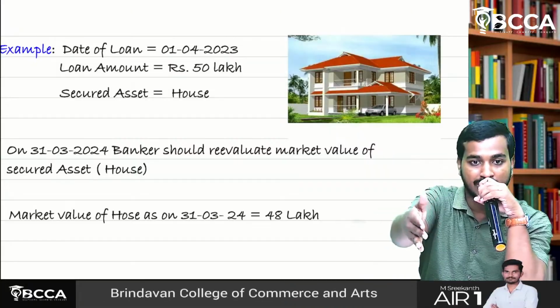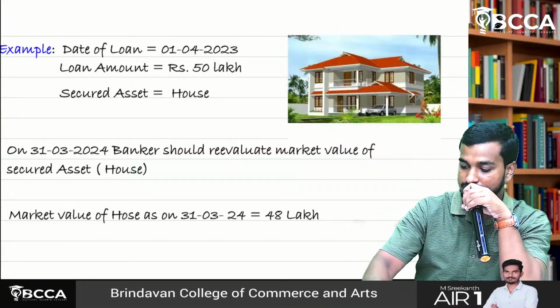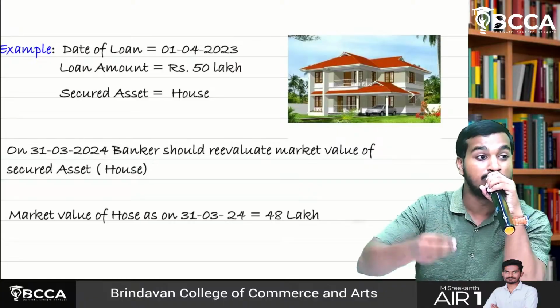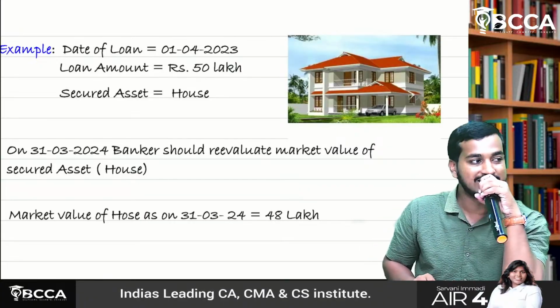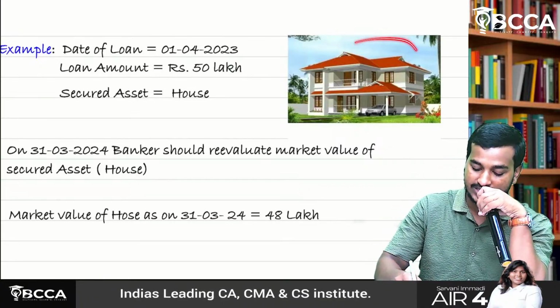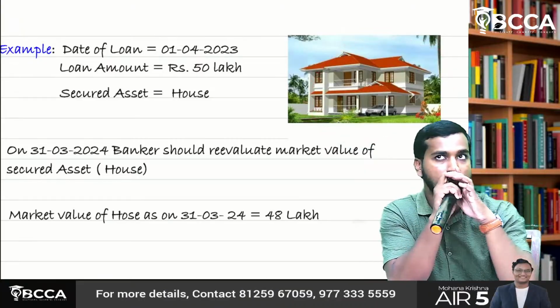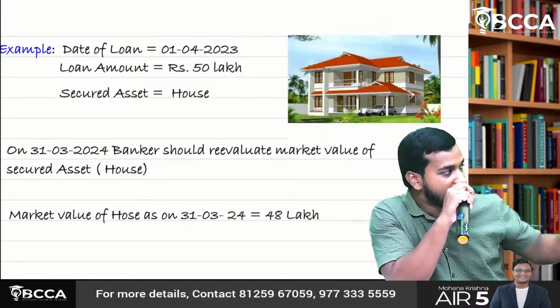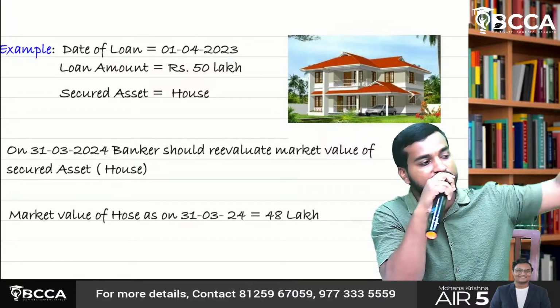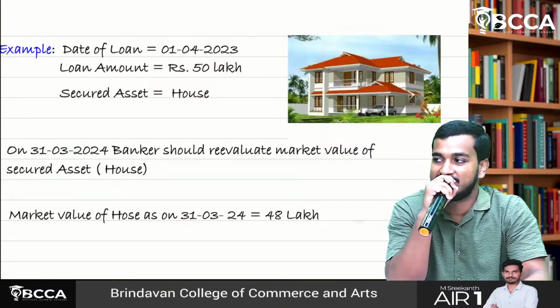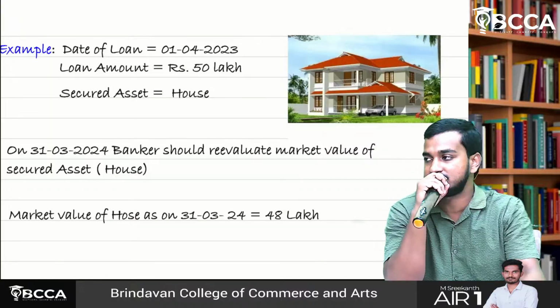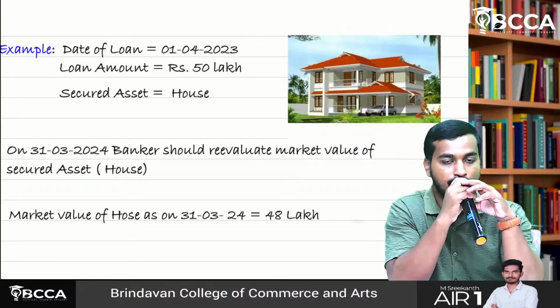Now you are the banker, I am the customer. I approached you for a loan, you have granted me the loan. So what is my security? Security is my house. Please tell me right now what could be the value of that house. It should be more than 50 lakhs. Otherwise you will not give me a loan of 50 lakhs. It's common sense, no?